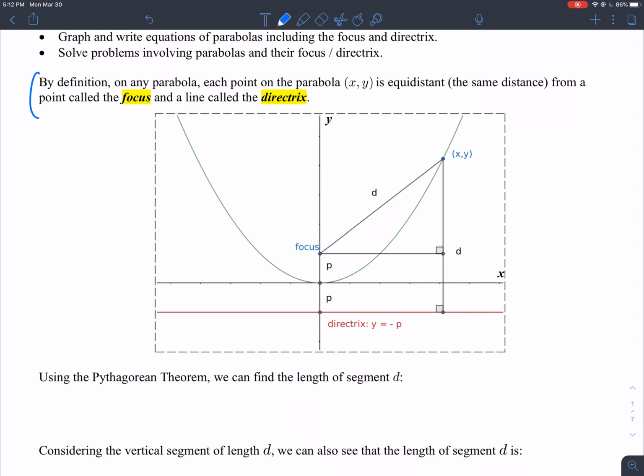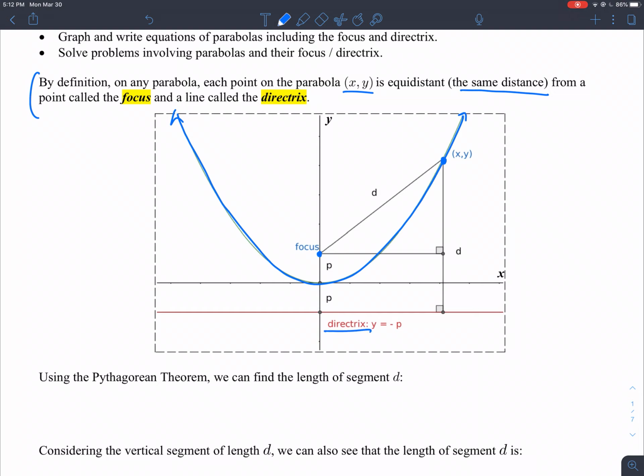So let me just jump in. It says by definition on any parabola, so if this is my parabola right here, okay, on any parabola, each point xy, so we just picked one, any point xy, is equidistant, which means the same distance from a point called the focus right here and a line called the directrix.